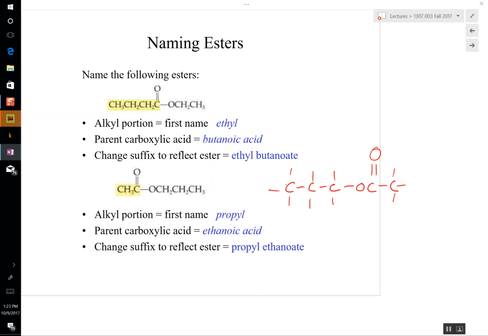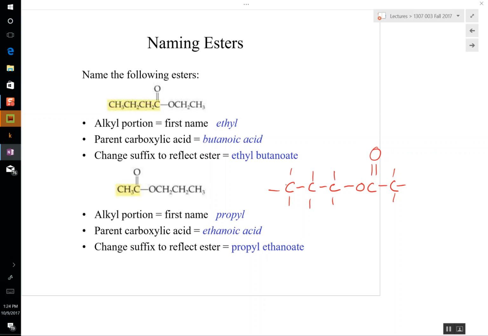It doesn't matter whether it's drawn with the carboxylic acid first and the alcohol second, or the alcohol first, carboxylic acid second. We're going to put this first, propyl ethanoate. We're always putting the alkyl group name first and the portion that has the carbon-oxygen double bond, which would have come from a carboxylic acid, second.